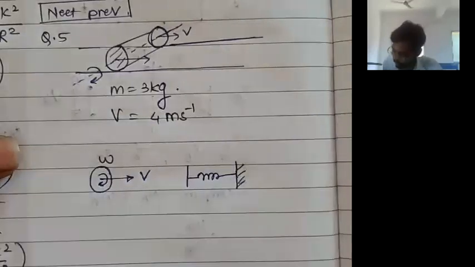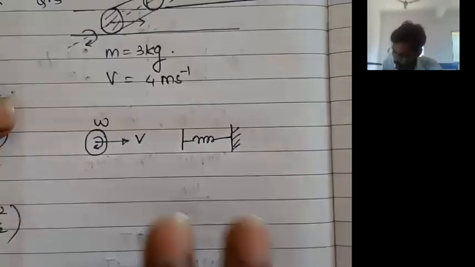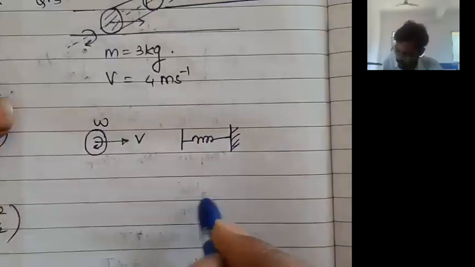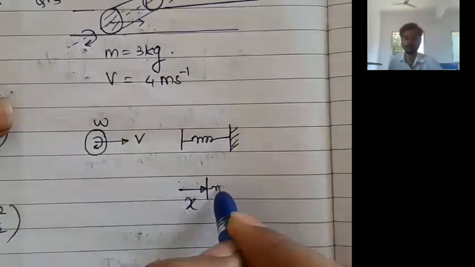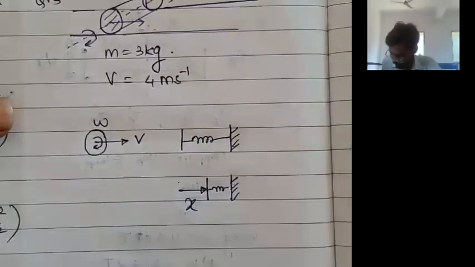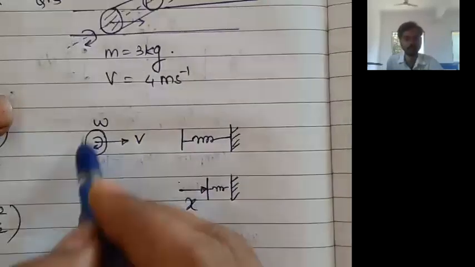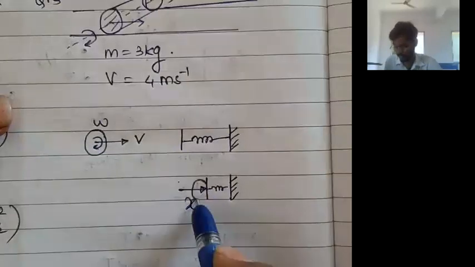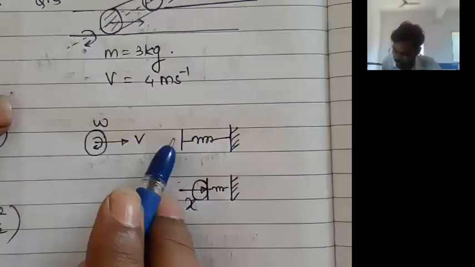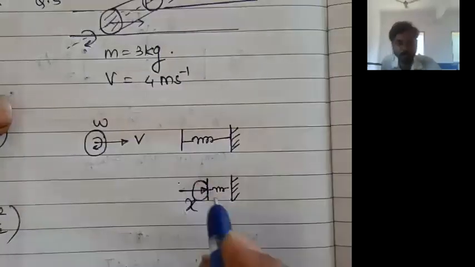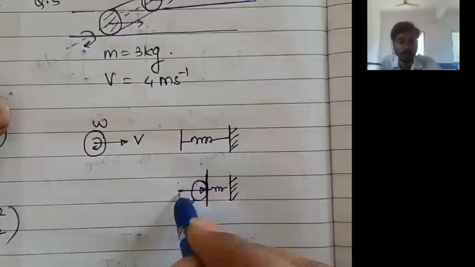After compression, let's say the spring is compressed by a distance equal to x. When this object hits here and compresses the spring, at this position there will be the maximum possible compression and again the spring will elongate.